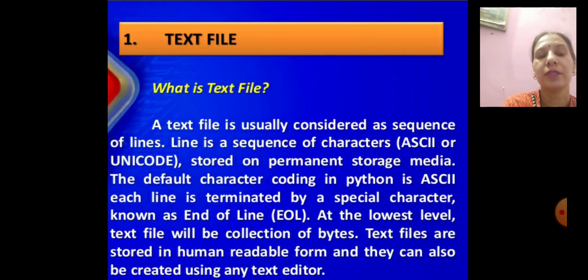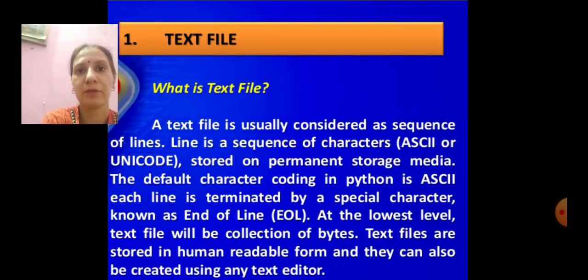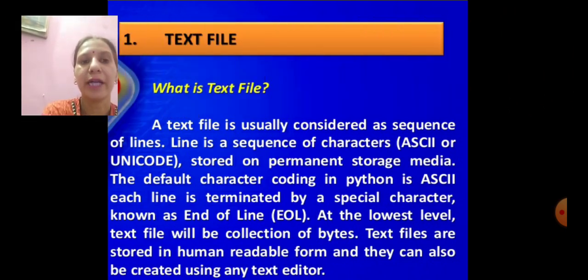In a text file we also require EOL, end of line, which we use to show the end of a line when we write a line. For showing the end of the line we use \n.